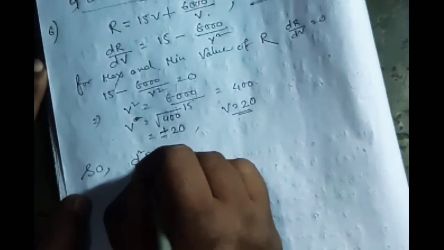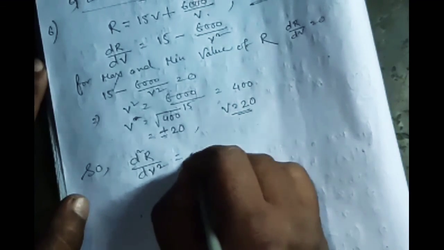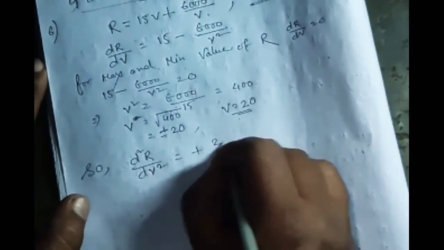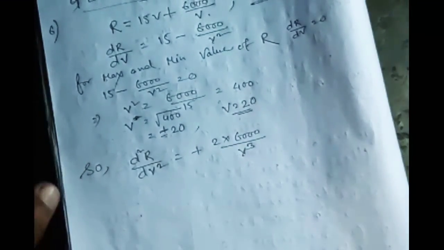Next d2R by dV2 equals plus 2 into 6000 by V cube.